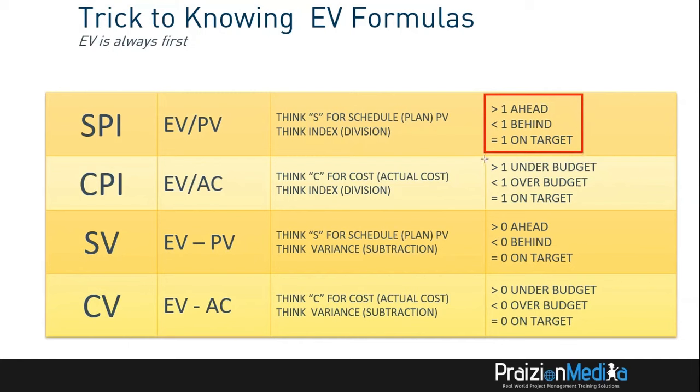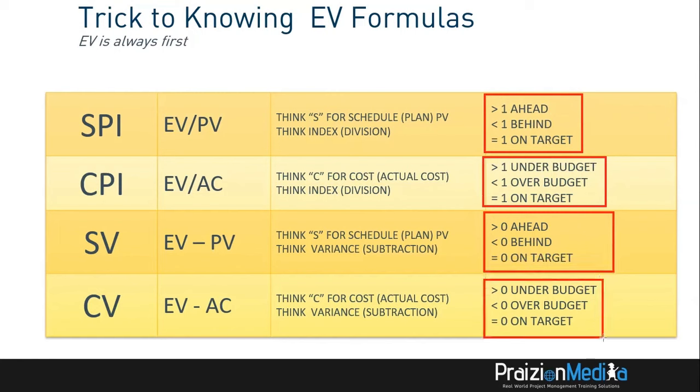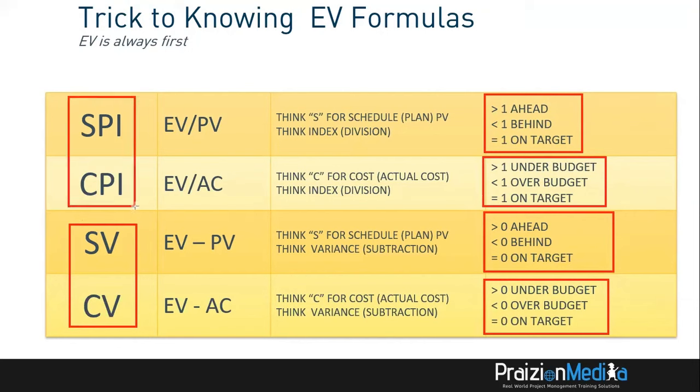Same thing with these: under budget, over budget, on target. So if you get these conventions straight, what it means when you have a SPI, CPI, CV, SV less than 1, greater than 1, zeros for the variances. So the variances are all about the 0, right? Because they're variances. The indices are all about the 1, okay?